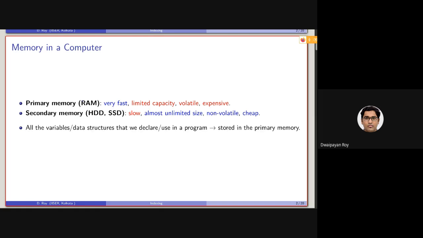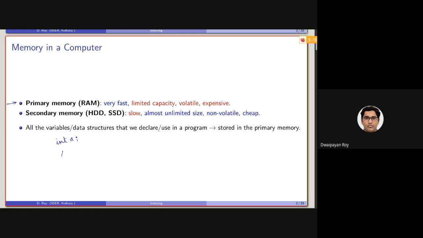So, the programs that we have written so far, all of the variables that we are creating in those programs, such as say int a or float f, everything together with any data structure, say any stack or queue that we are creating, everything is basically being created in this primary memory. Everything.